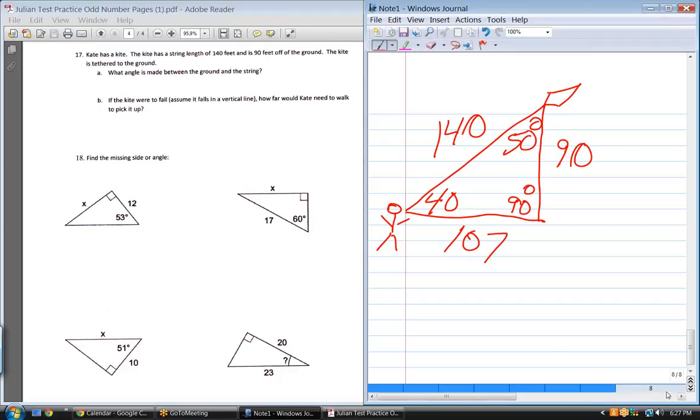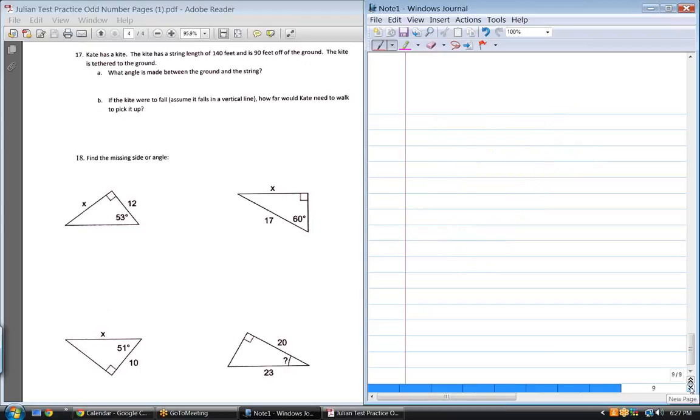Okay. All right. 18. How are we going to solve 18a? Alright, so shall we solve inside the triangle first? Well, what do we have?